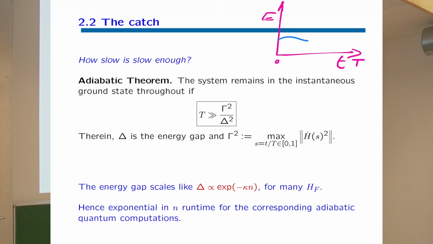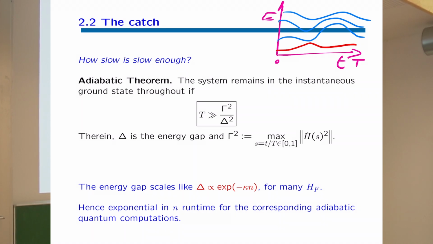So, a bunch of eigenstates, and their eigenenergies vary over time. And in particular, we have the ground state.